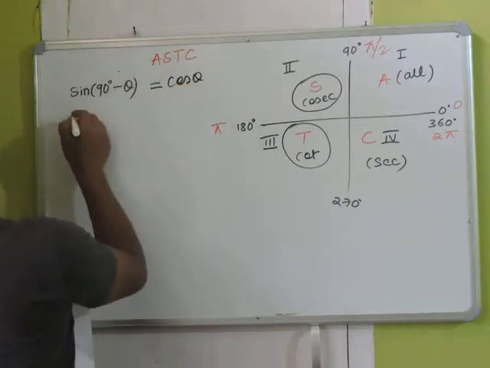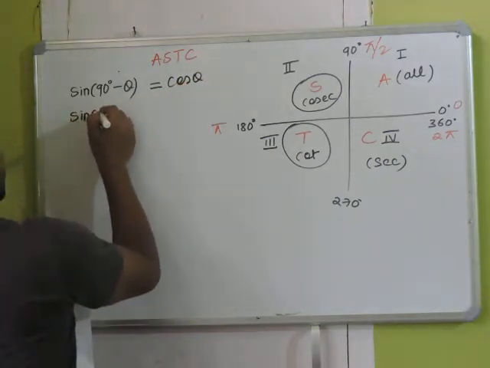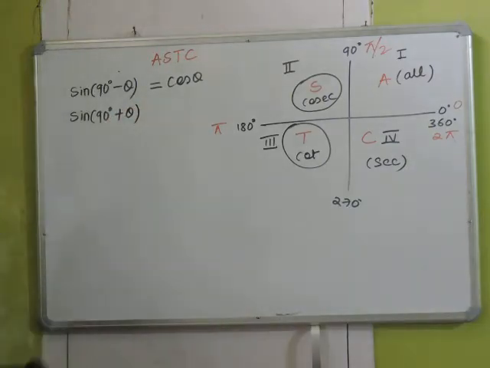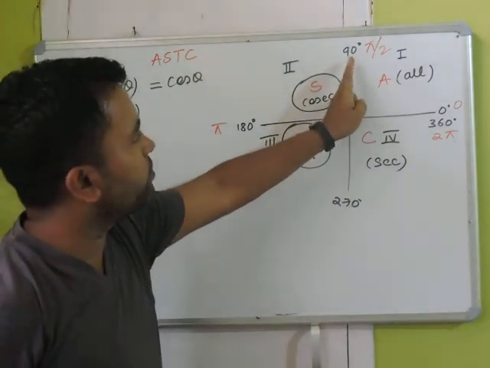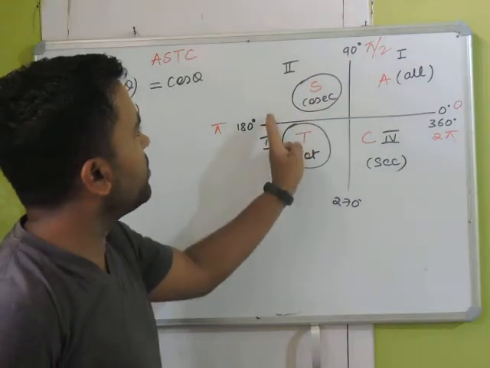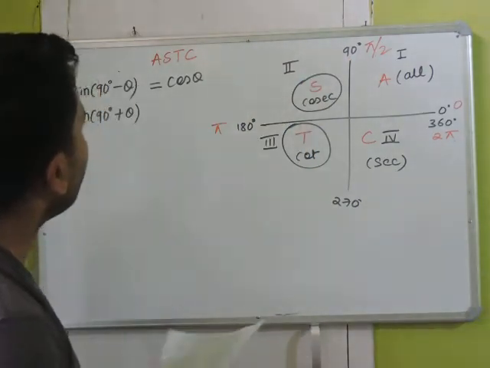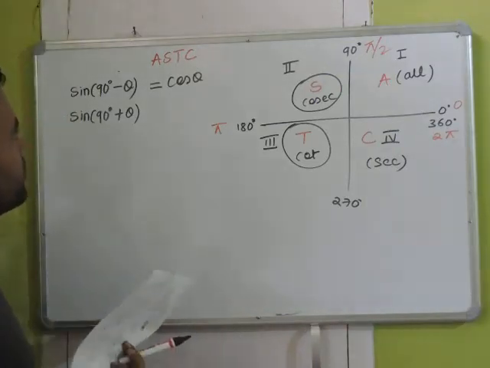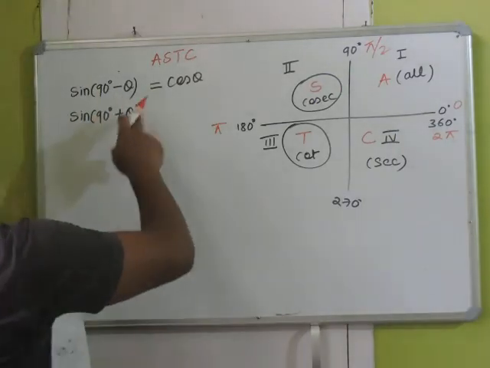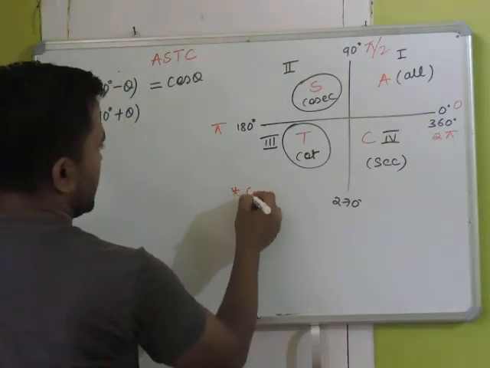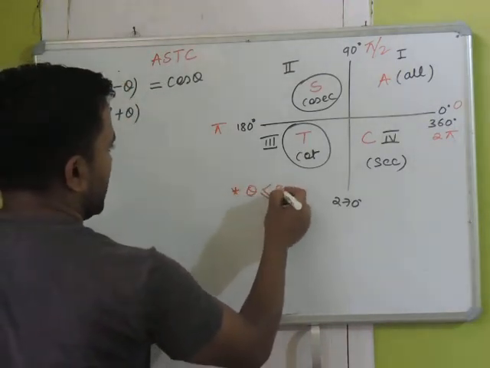You know that. Now let me ask you, what is sine 90 plus theta? In which quadrant will it lie? 90 plus theta means you are somewhere here in the second quadrant, and whenever I write theta here, I will add one thing: this theta is less than or equal to 90 degree.